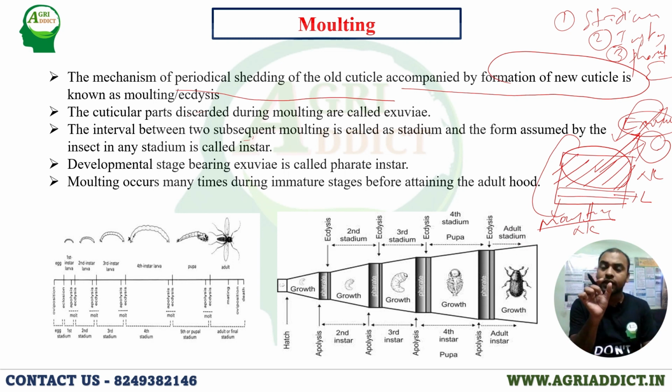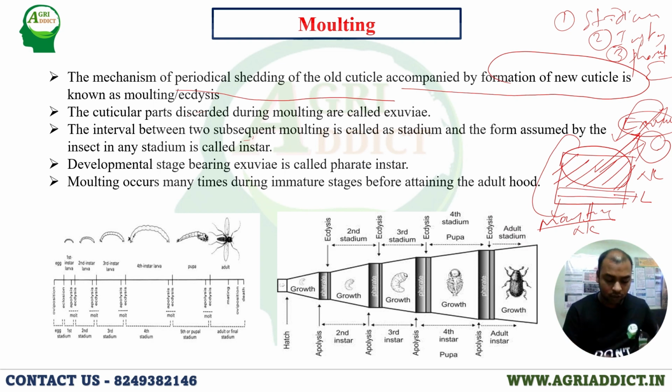There is a time interval between each molting. The time interval between the first molting and the second molting is called the stadium. During this interval, the stage assumed by that particular insect is called the instar.